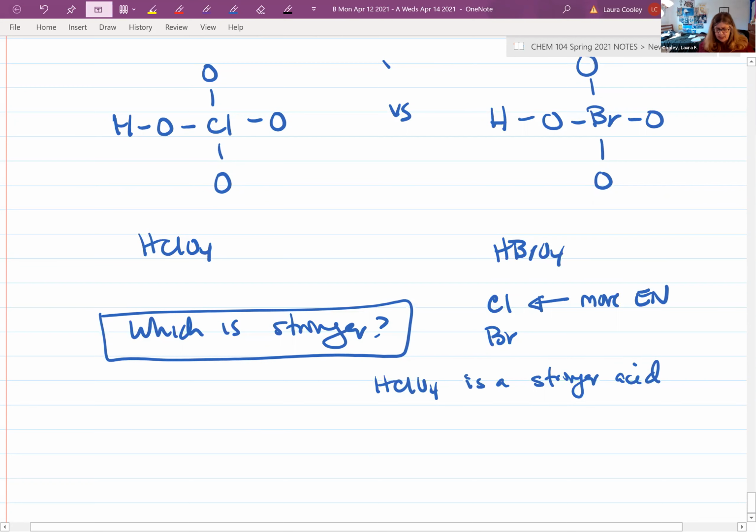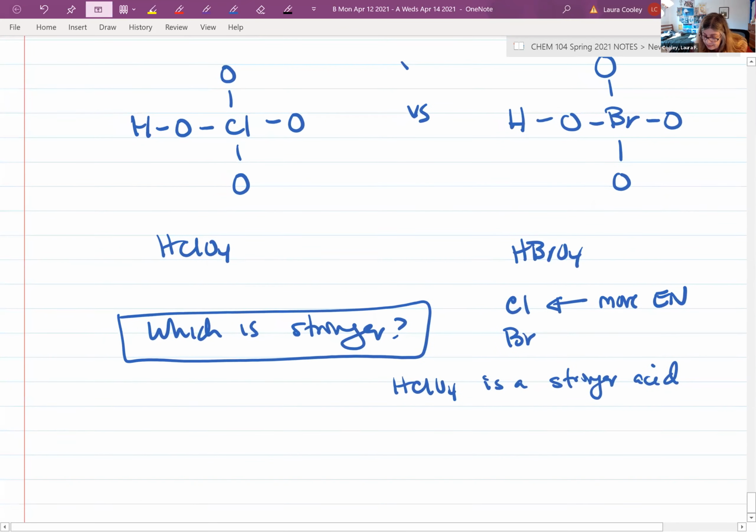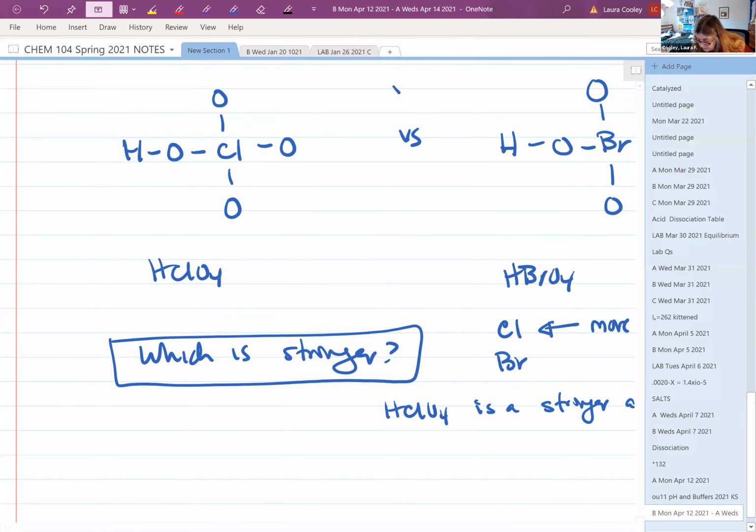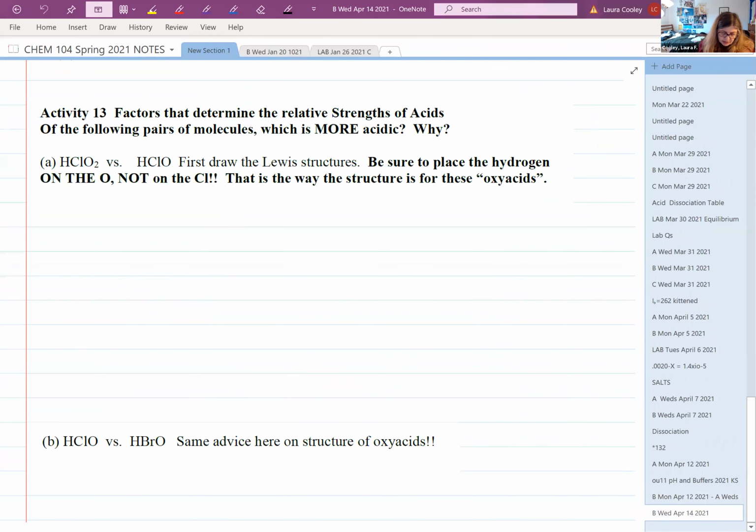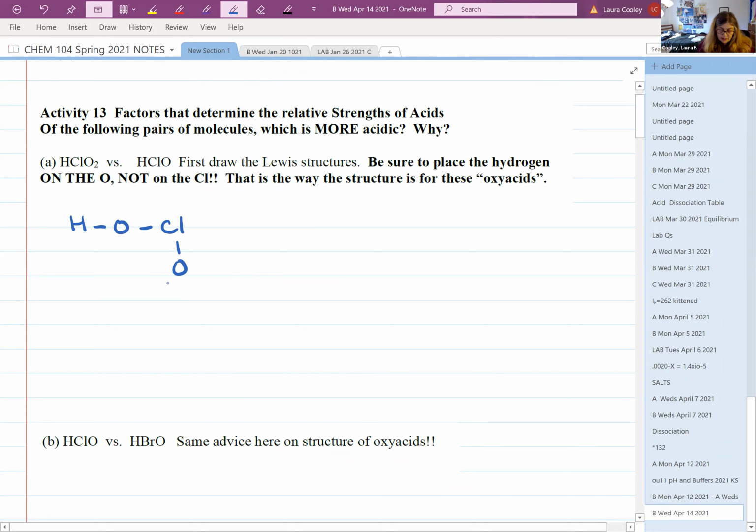Actually, activity 13 has more examples of this. Here's activity 13. So here's an example that I already sort of talked about, but this is HOCl with another O. So this is HClO2. You can see this is not a complete Lewis structure. I would have to put the lone pairs to make it complete.